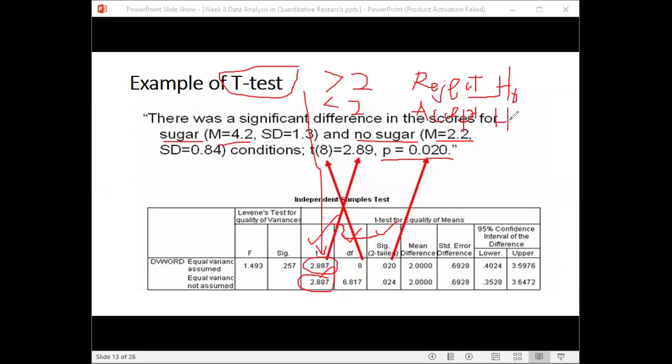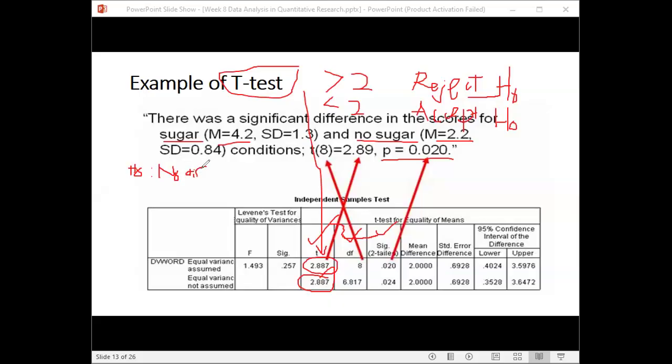Now, the null hypothesis is always the statement that you make as a researcher. Okay, that is your claim. In the t-test, the claim that you always will make for H0, the null hypothesis, is that there is no difference between the two groups.